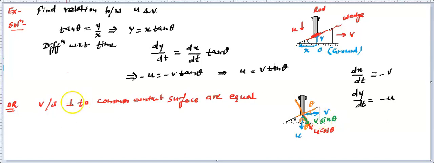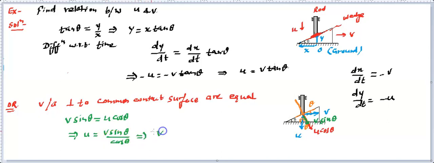These two velocities must be equal. So as you equate, you will find v sin theta is equal to u cos theta. So u is equal to v sin theta divided by cos theta, that is, u is equal to v tan theta. You can check you are getting the same answer as you already got, and this becomes quick as well.